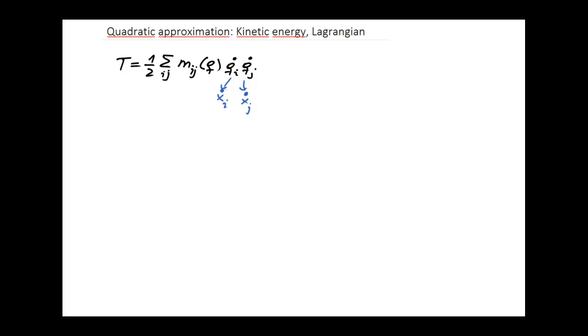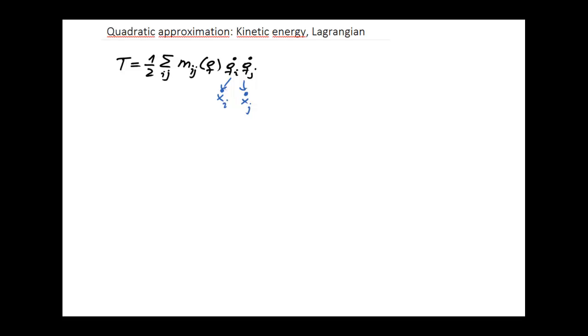We don't want to go to higher order. If we look at this coefficient matrix Mij, which is a function of q, we could again Taylor expand that around the equilibrium configuration. We could write that as Mij at the equilibrium configuration plus a linear term, quadratic term, and so on, which would be first order in x, second order in x, and so on.